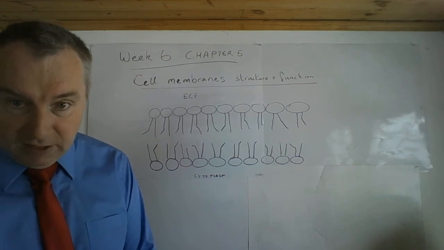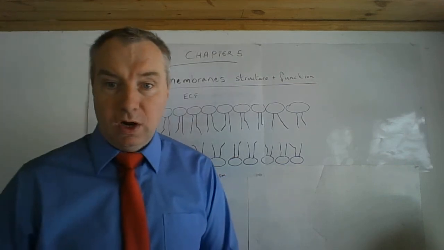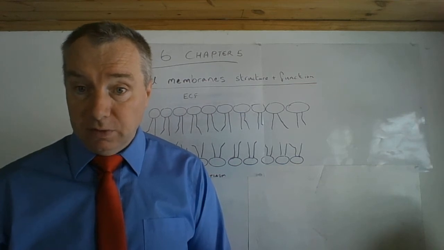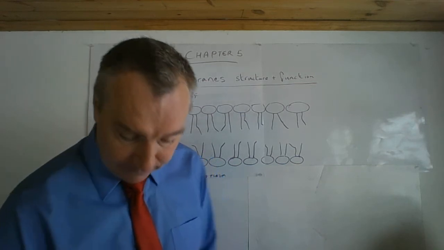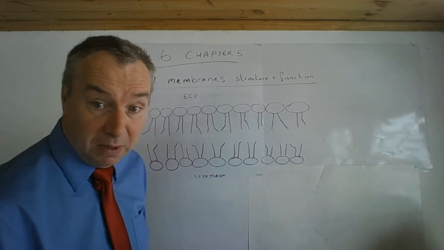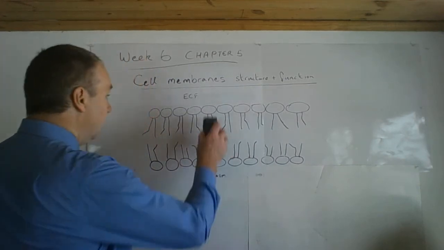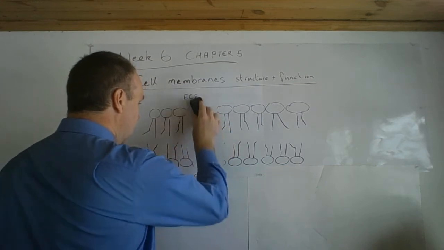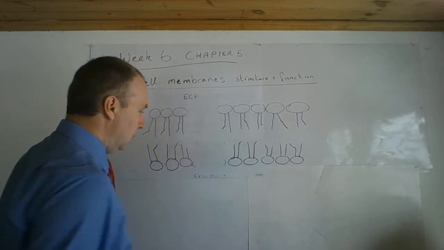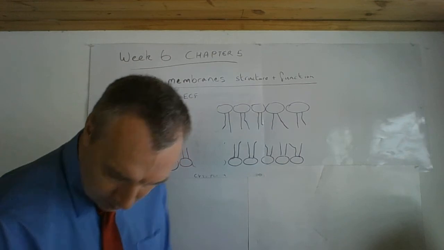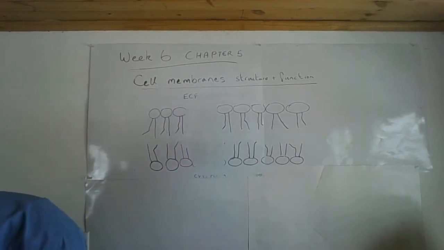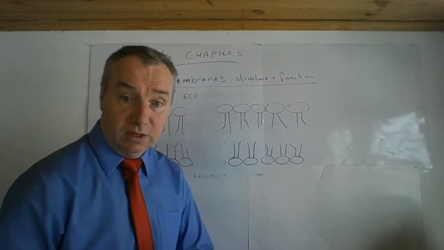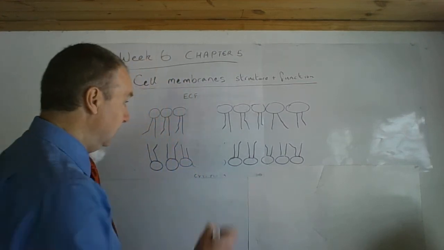Within this bilayer, we are going to see some other things, and one of those things are membrane proteins. We have two types of membrane proteins. We'll draw our proteins in red so you can see that they're different than the phospholipids.